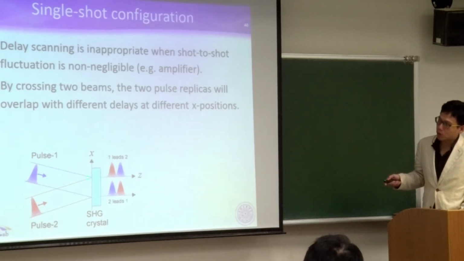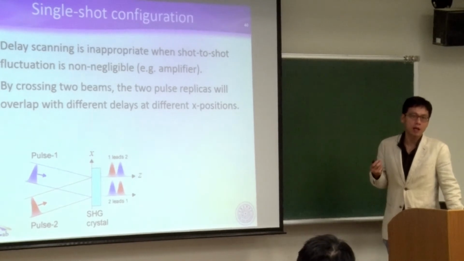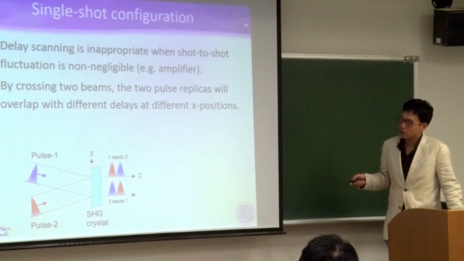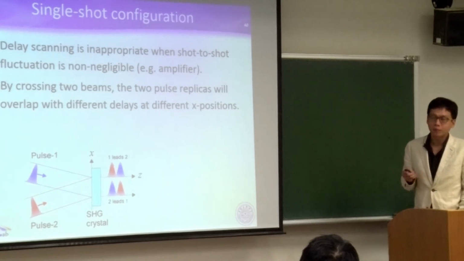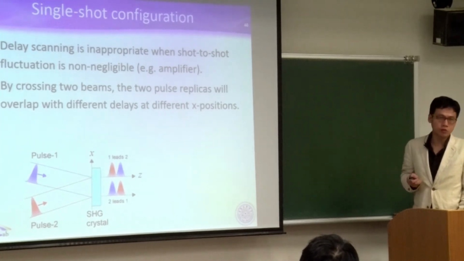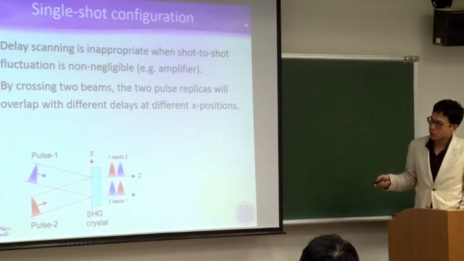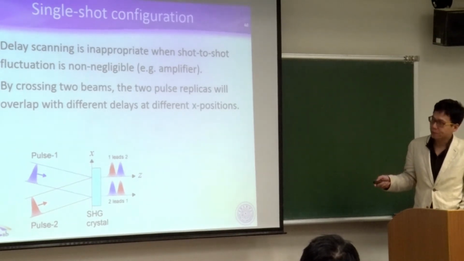When the blue pulse peak hits this position, the red pulse is still here. So it takes a further propagation time for pulse 2 such that its peak can hit the same place. Okay? So at this position, pulse 1 leads pulse 2. But if you observe another position like here, things are reversed, right?